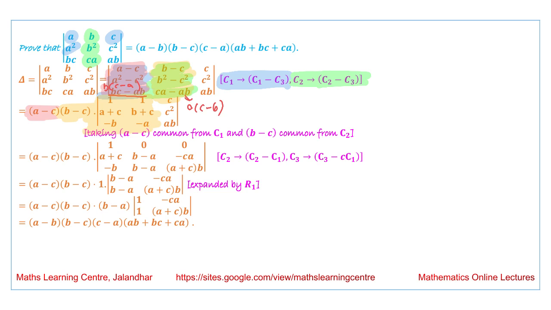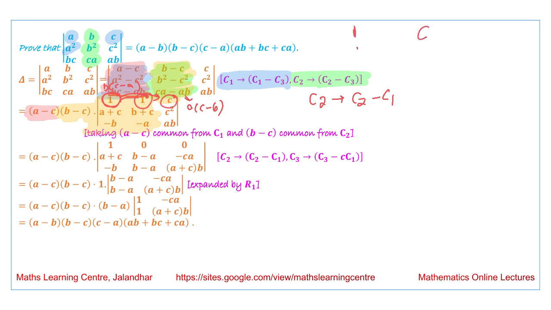Now the next step we have to do is, with the help of this one, we have to make both these terms 0. So we have performed the operation. To make this one 0, we are performing the operation that column 2 approaches column 2 minus column 1. To make this C 0, we are having 1 over here and C over here.